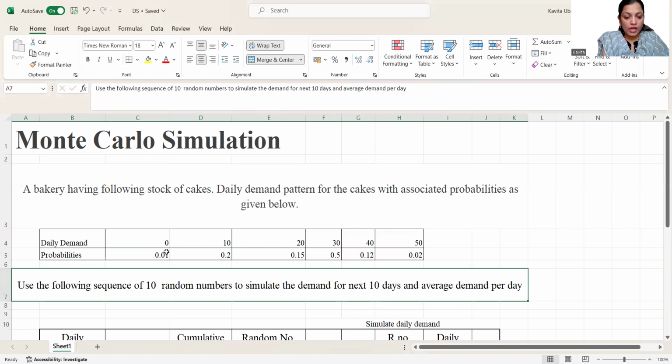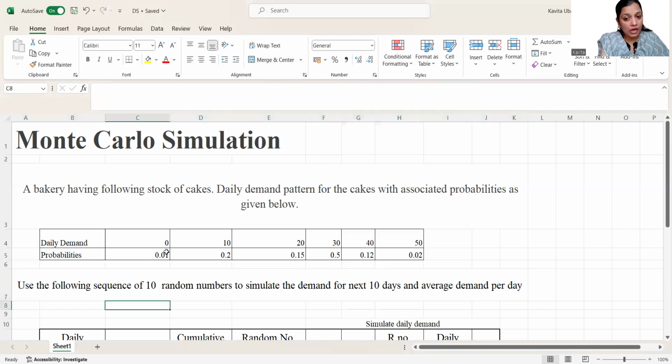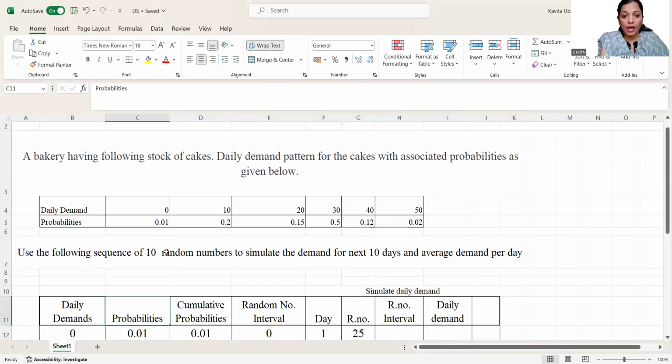They have provided some more information, like use the following sequence of 10 random numbers. 10 random numbers are given, and you need to simulate the demand for the next 10 days and the average demand per day. They are asking you to calculate the demand for the next 10 days on the basis of available data, and to calculate the average demand per day also.